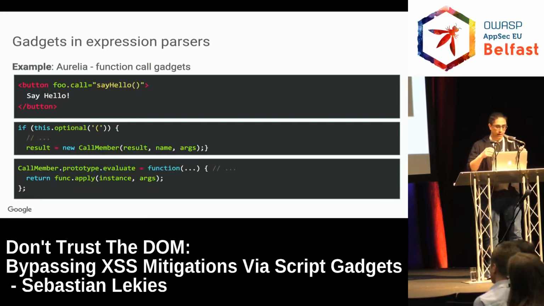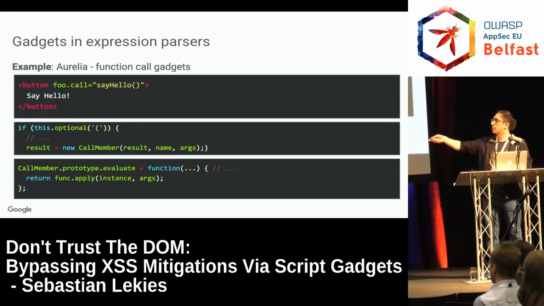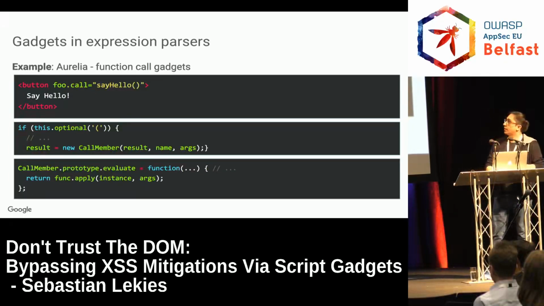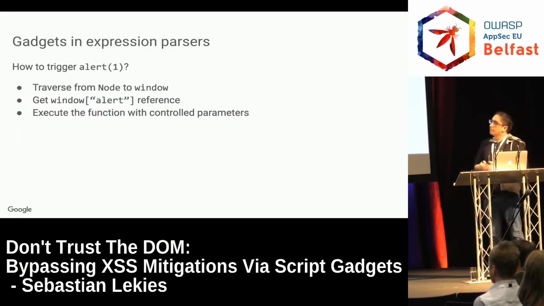So as you can probably see, those expressions or those gadgets, those snippets of code, are pretty benign on their own. They only implement the functionality of the framework. However, we can still turn them into arbitrary code execution. How do we do that usually? Well, expressions are evaluated in a certain context.